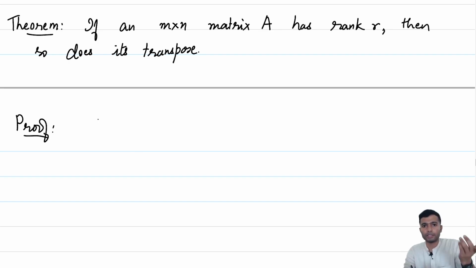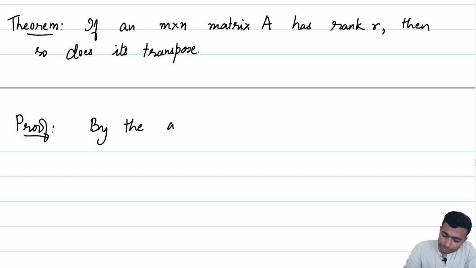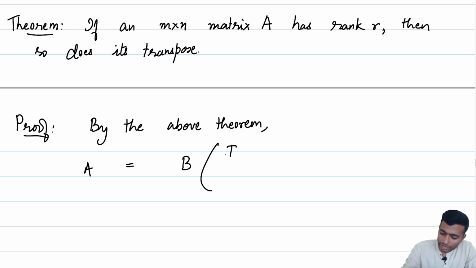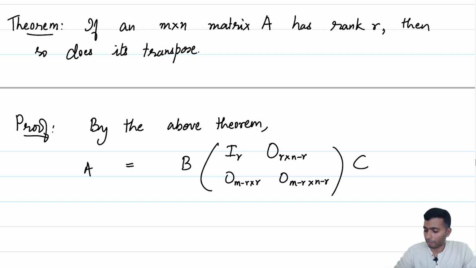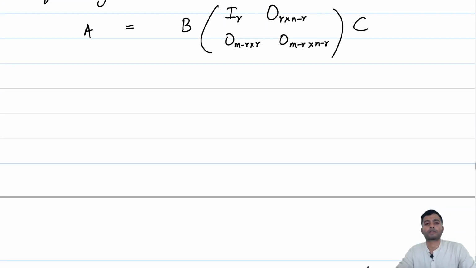Let us write A in the special form we have. By the above theorem, we have A is some B times [I_R 0_{R×(n−R)}; 0_{(m−R)×R} 0_{(m−R)×(n−R)}] times C, where B and C are invertible matrices.